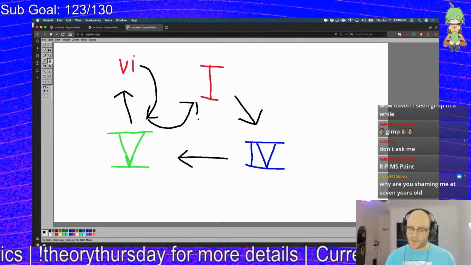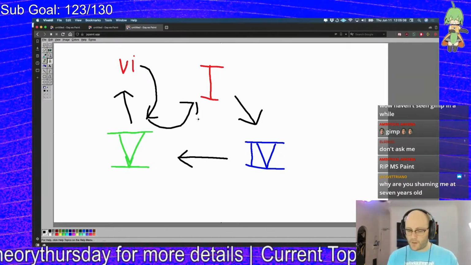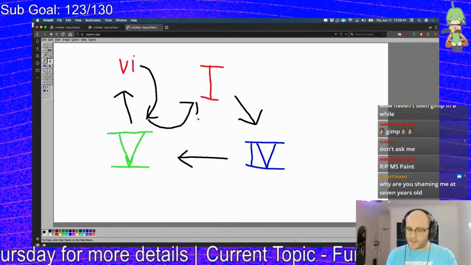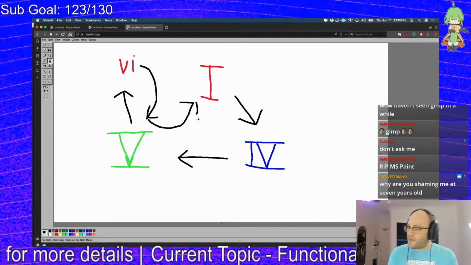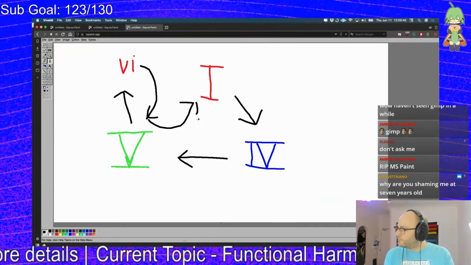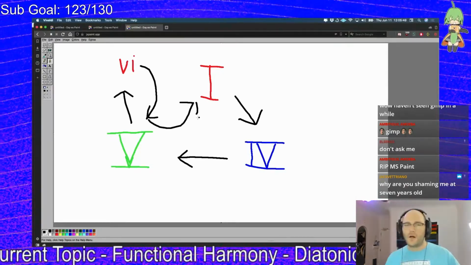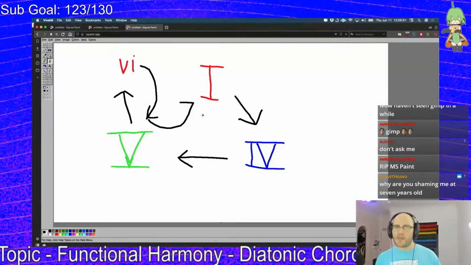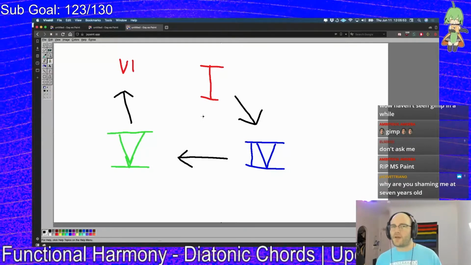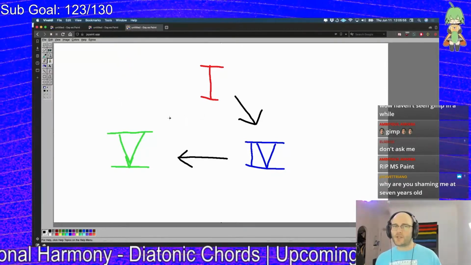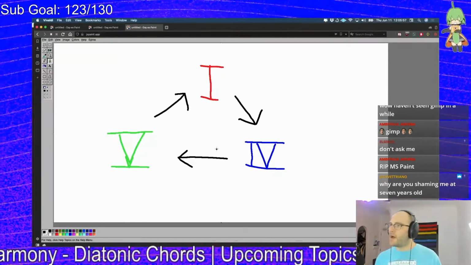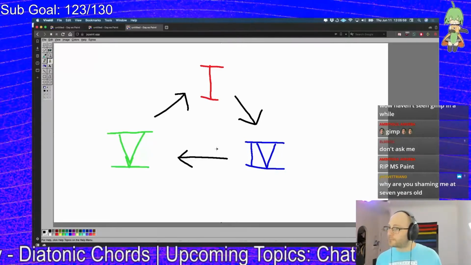So you can have this 1, 4, 5, 6, 5, 1. Totally works. There's a lot of directionality there. And that'll be a way of kind of extending these chord progressions beyond this initial framework.